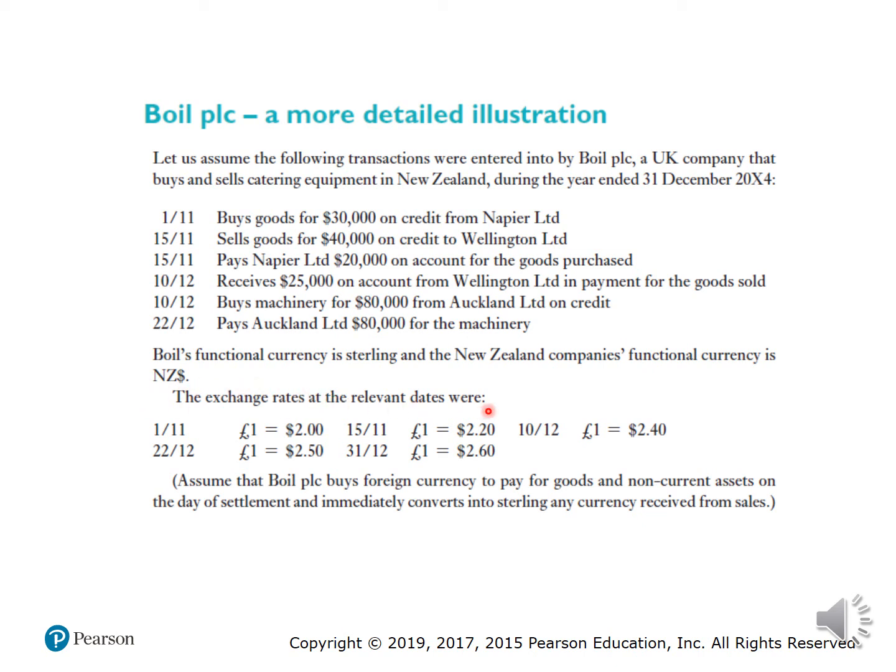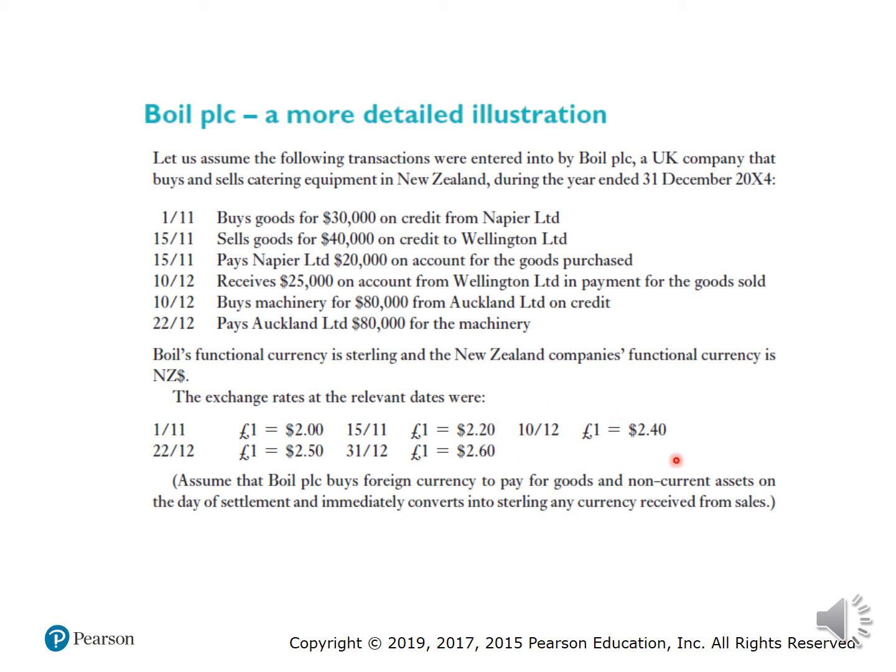The exchange rates at the relevant dates are given as below. On the 1st of November, the rate was one pound equal to 2 New Zealand dollars. On 15th of November it is 2.2 New Zealand dollars.